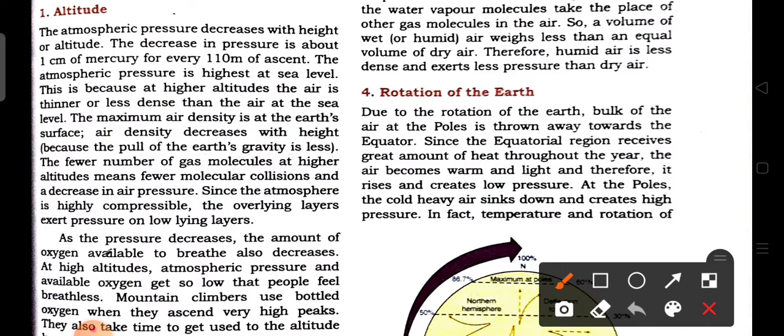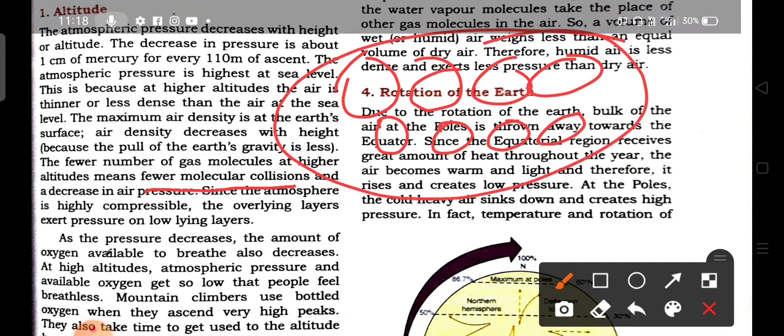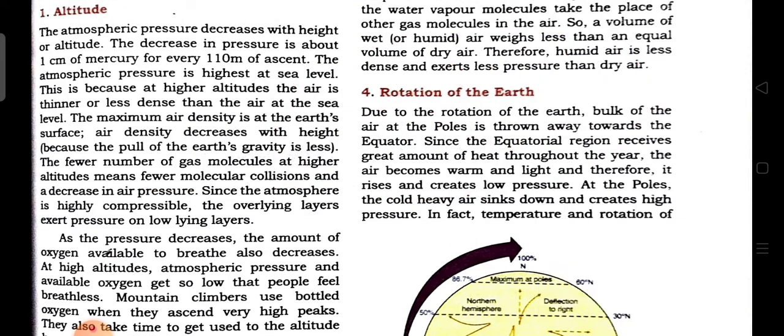Here it is written that if there are fewer molecule collisions, and molecule collision means if these molecules of air are closest to each other and collide, then the pressure will increase.